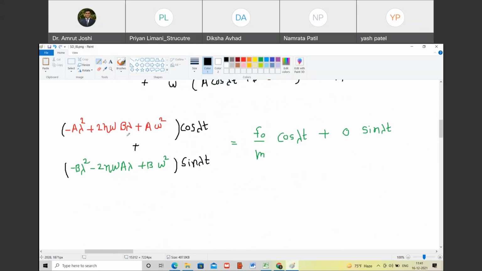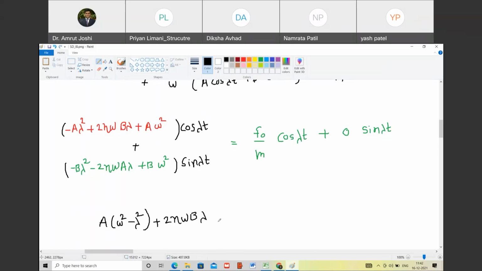So I will write down now the coefficient of cos lambda t. In writing the coefficient of cos lambda t, can I take a common in these two terms? And what do I get? Omega square minus lambda square. Are you with me? If I take a common. So, look, a common into bracket omega square minus lambda square plus 2 eta omega b lambda.